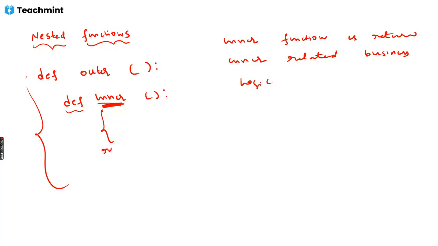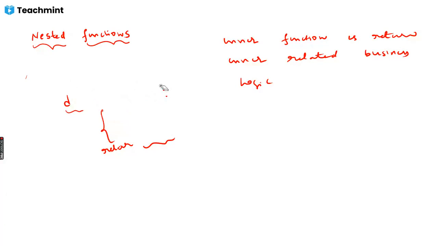So this function returns the business logic of inner values, and for this, the one tab indentation means, it should return a business logic related to outer values. Don't get confused. I'm explaining again what my intention is, to understand in such a way that we are using nested functions. Nested functions means a function inside a function.